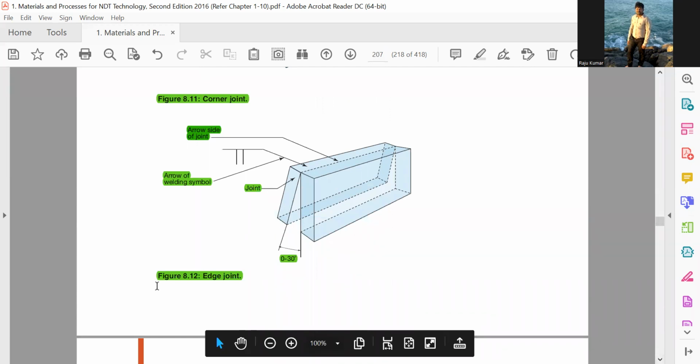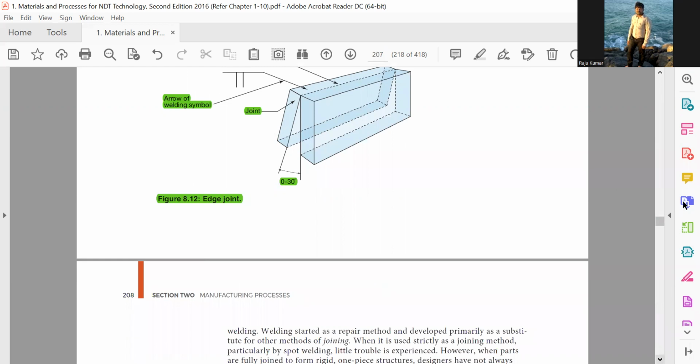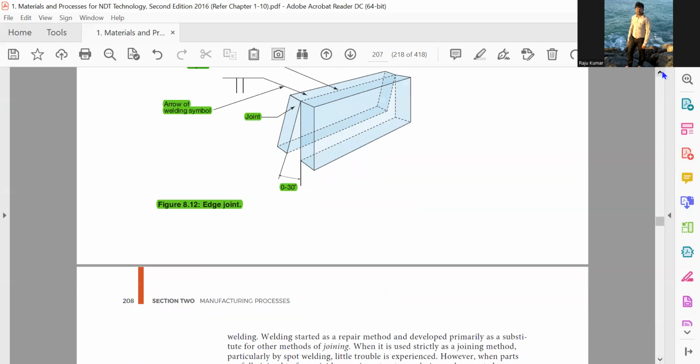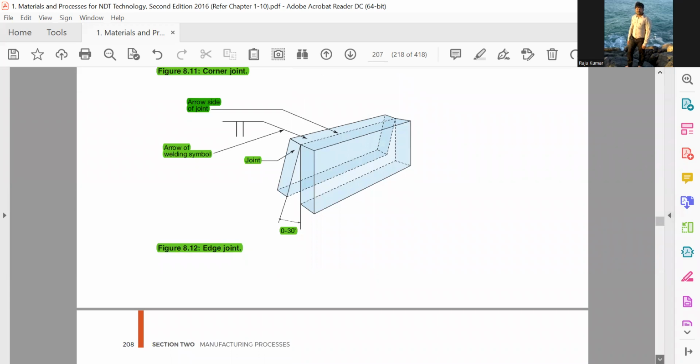These are the 5 types of joint. This is the arrow of the welding symbol, arrow side joint. There is no other side for this. Between 0 to 30 degrees, it is called a corner joint. These are edge joints.